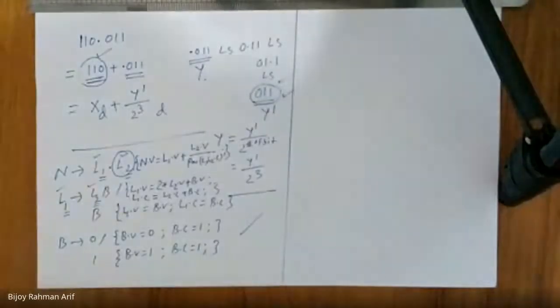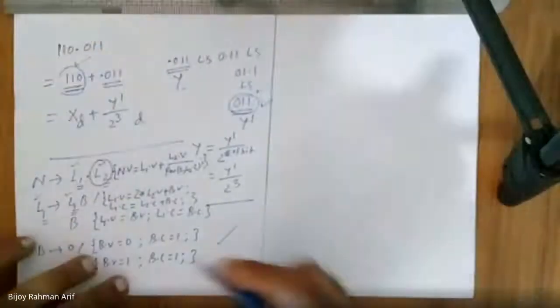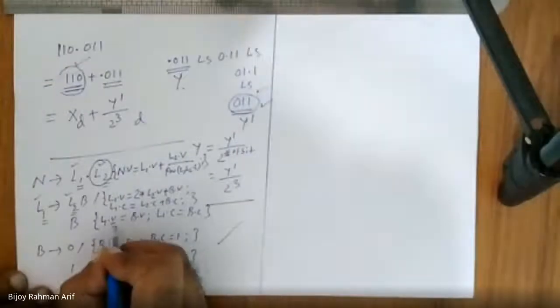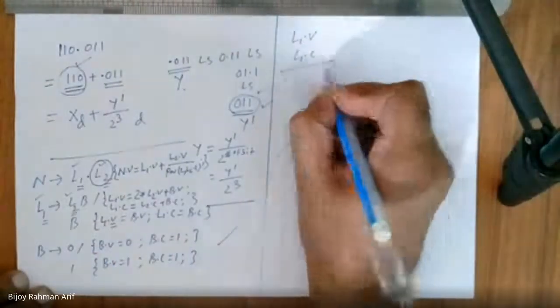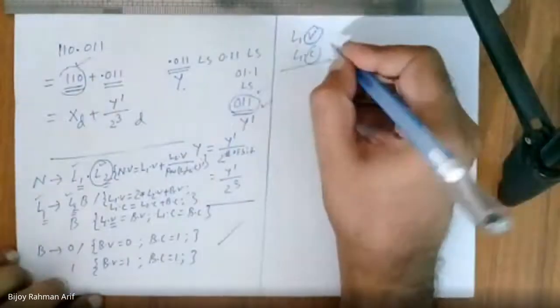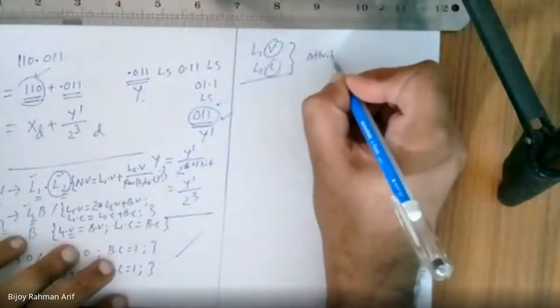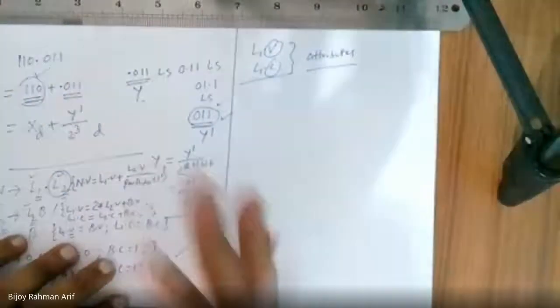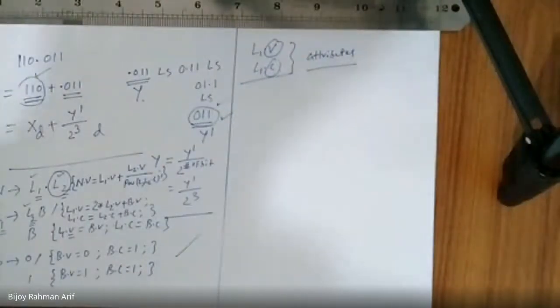Now the last topic of today, then I'm going to finish the syllabus. What are L1.V, L1.C called? This V and C are called attributes. They are denoting some aspect of the variable.